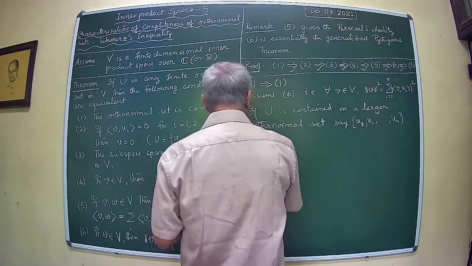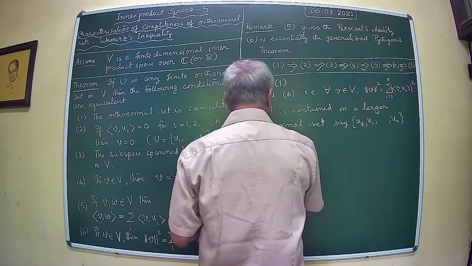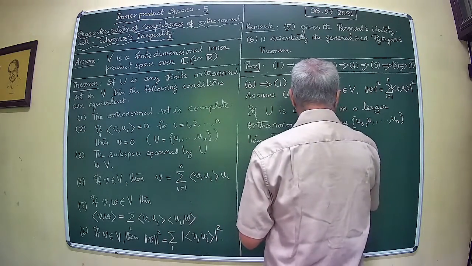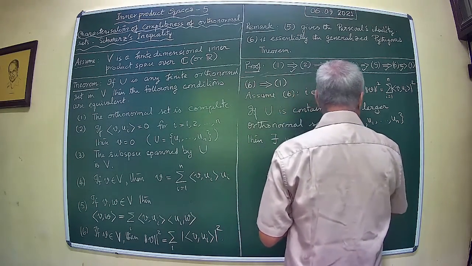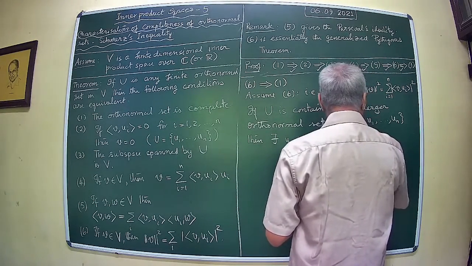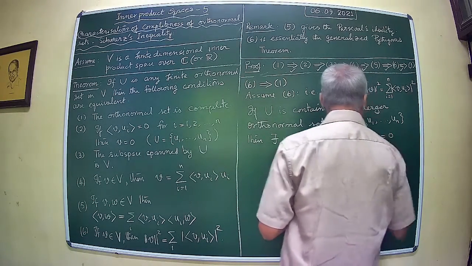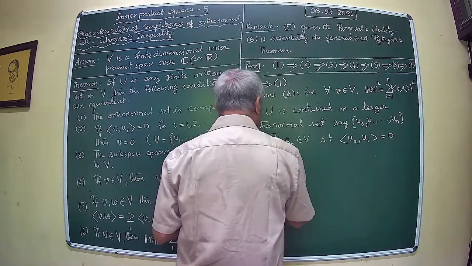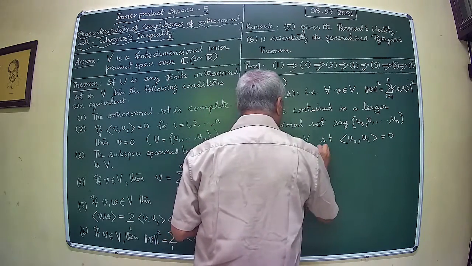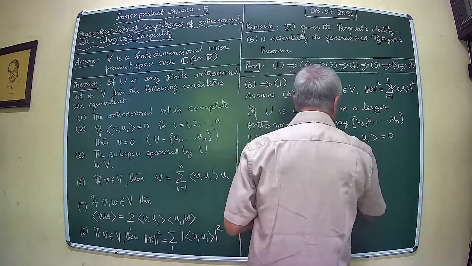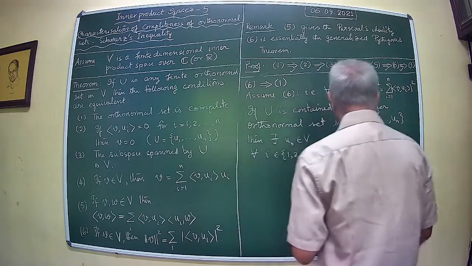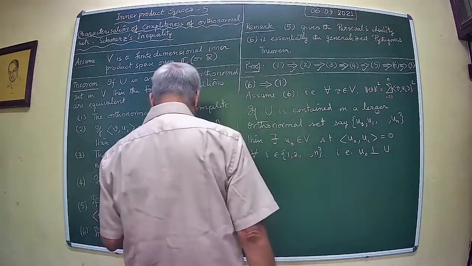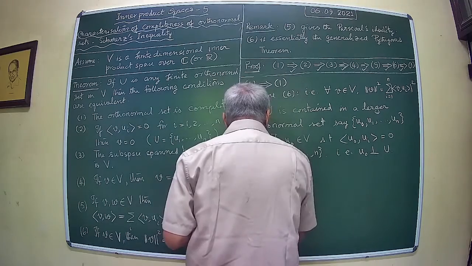then we have U naught such that U naught is orthogonal to the set. Therefore let us take U naught square.